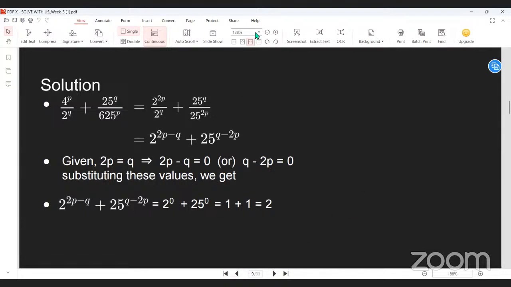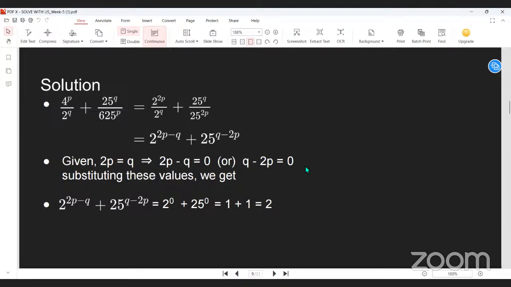Sir, but I do not follow your approach. I follow another approach. Can you tell your approach? In the equation, in place of Q, I put 2p, and then the equation becomes 2 to the power 2p divided by 2 to the power 2p plus 25 to the power 2p divided by 25 to the power 2p.